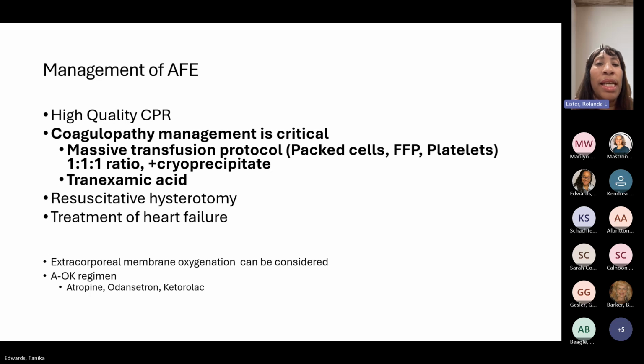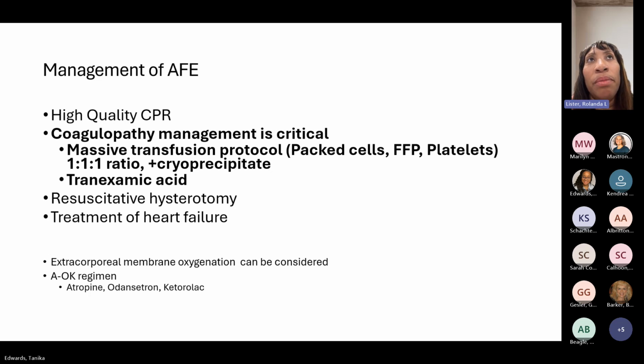It's really important to deliver the fetus if it's not already delivered, to remove the insult, correct the coagulopathy, and if there's evidence of right heart failure, treat that appropriately. There are also some studies that have looked at the AOK regimen, atropine, ondansetron, ketorolac, with successful outcomes.